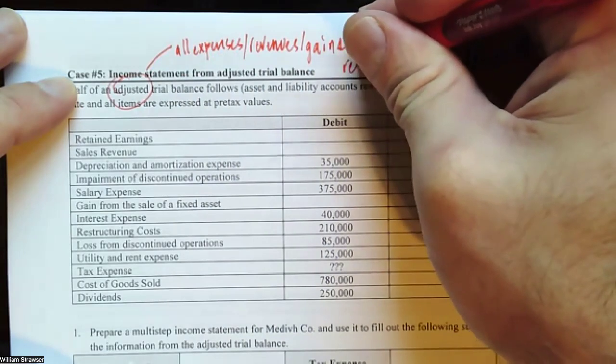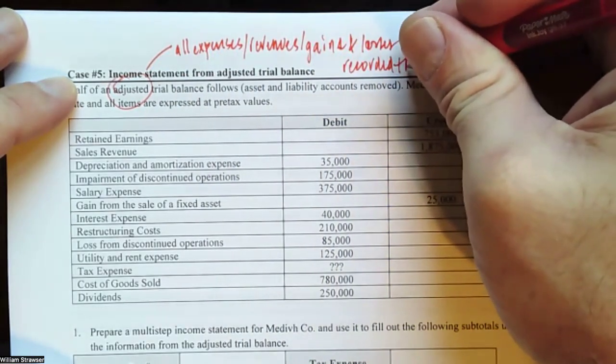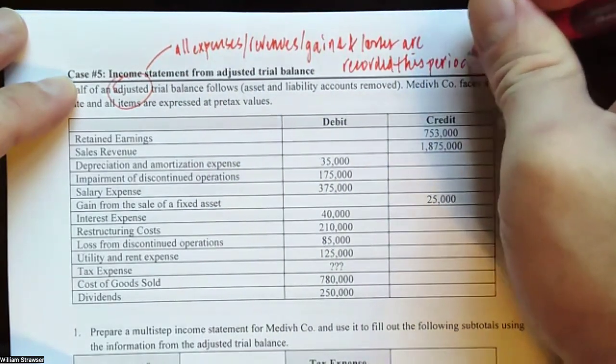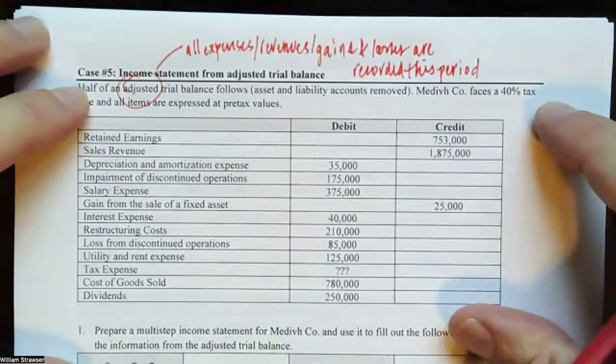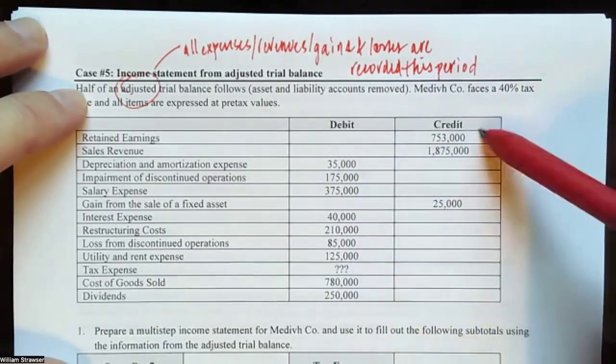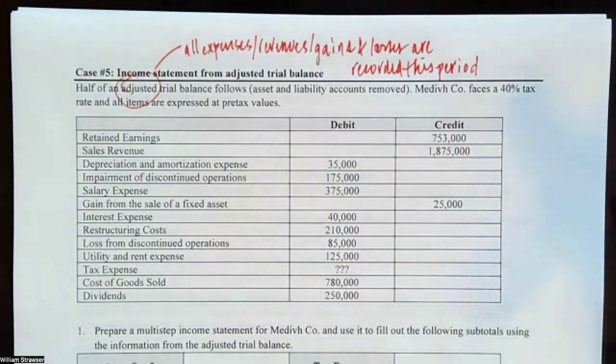So they're already recorded and in these account balances. The only thing that remains for us to do at this point in the accounting cycle, if this is an adjusted trial balance, would be to close out all of these items into retained earnings and update the retained earnings balance.